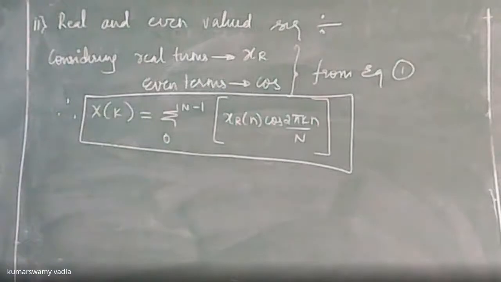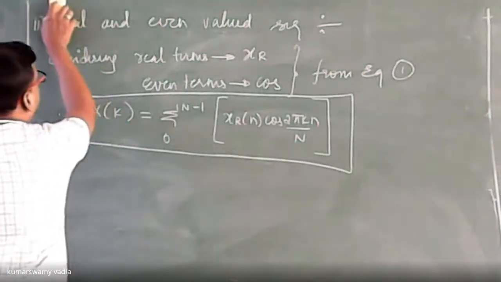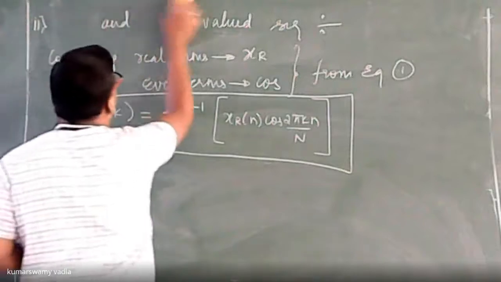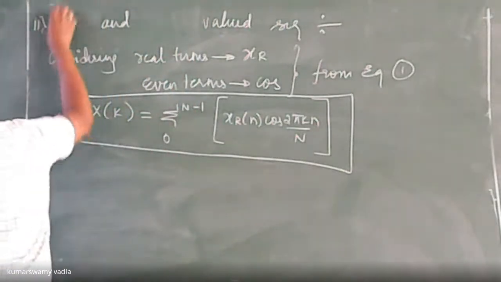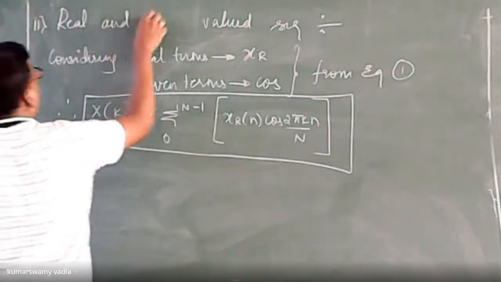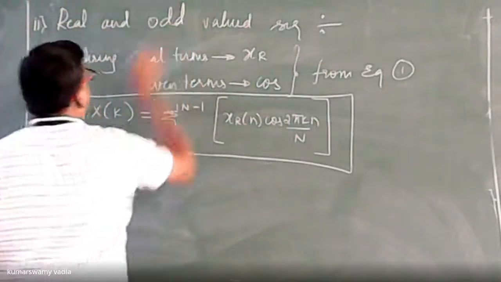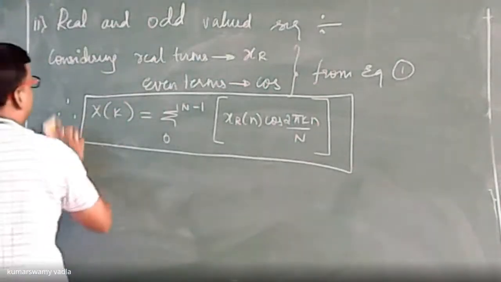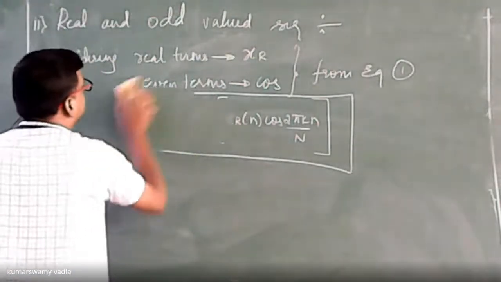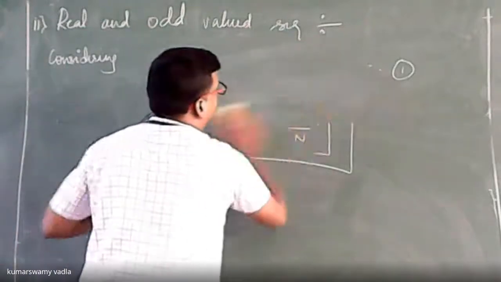Now, next term, real and odd sequence. Third one, real and odd valued sequence. What you should consider, friends, for real and odd in equation number 1?